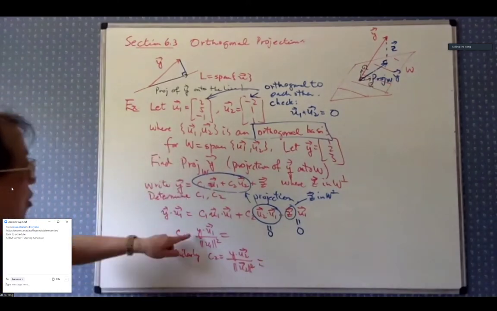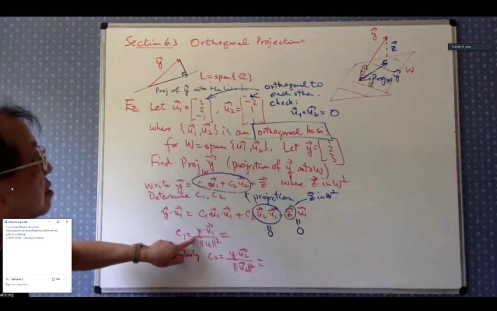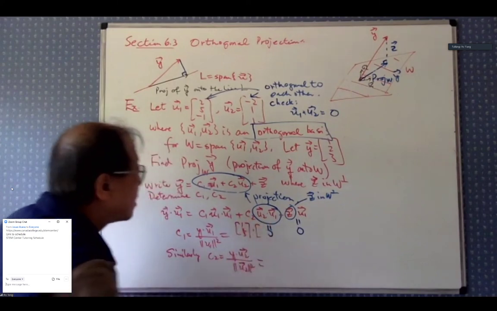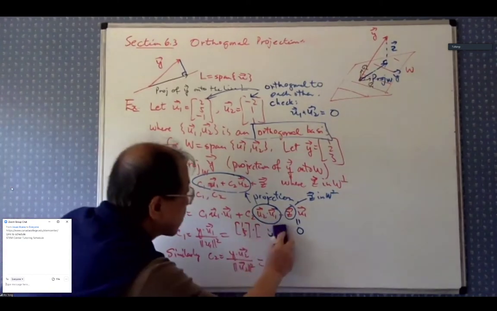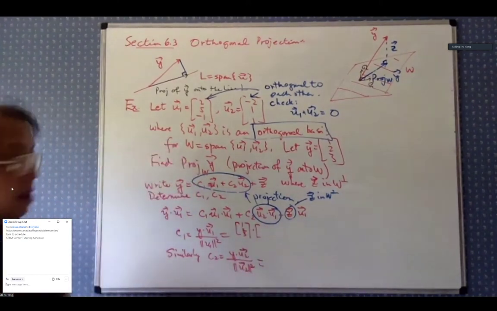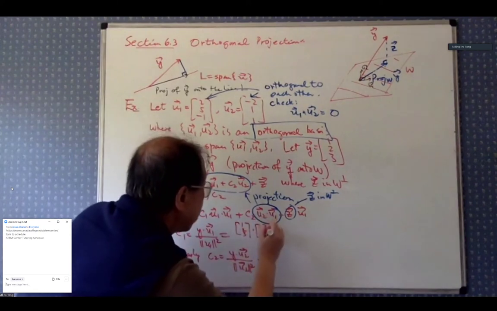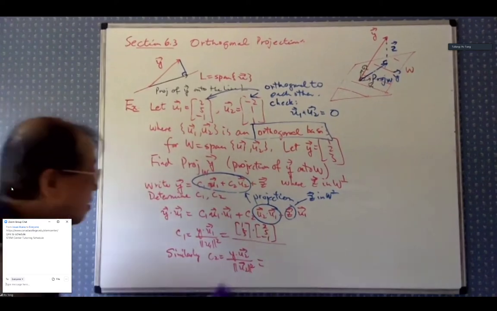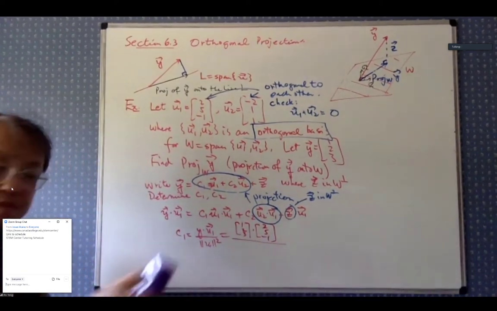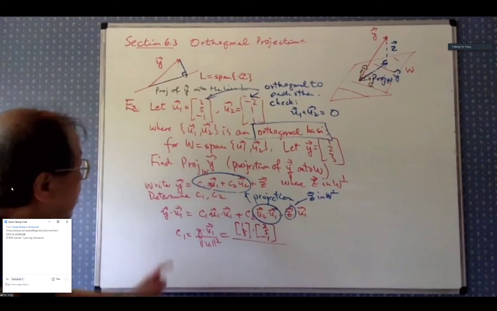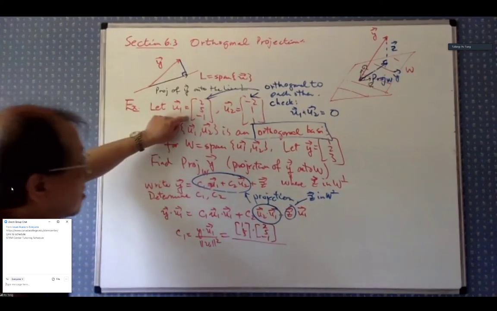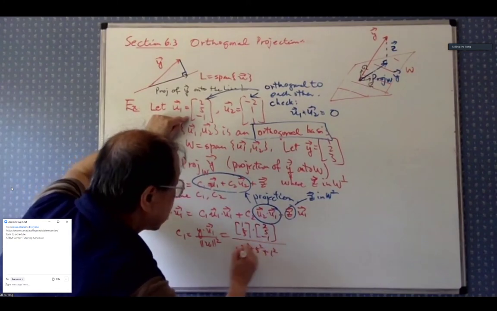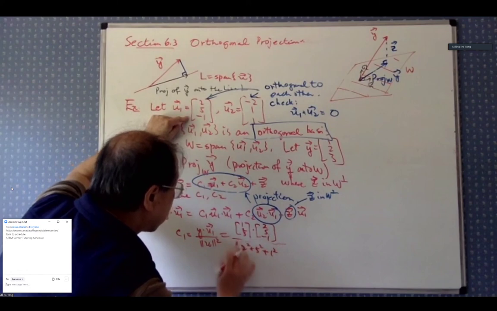What is this? y dot U1. y is 1, 2, 3 dot U1. What's U1? It's 2, 5, minus 1. Oh my God, I'm running out of space. U1 squared is 2 squared plus 5 squared plus 1 squared. No square root, just the whole thing squared.